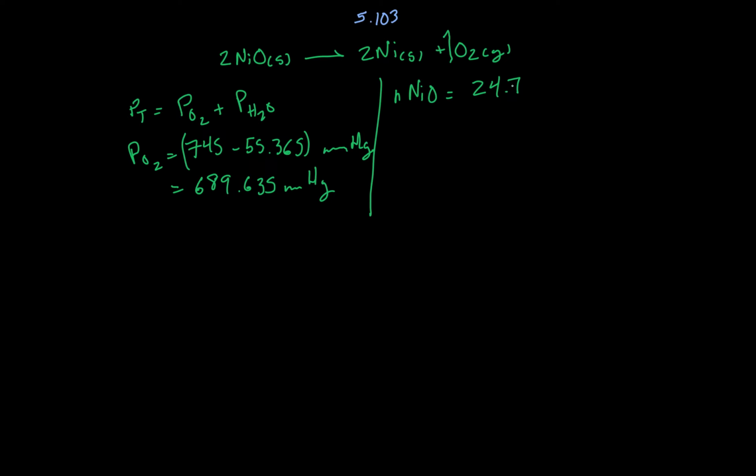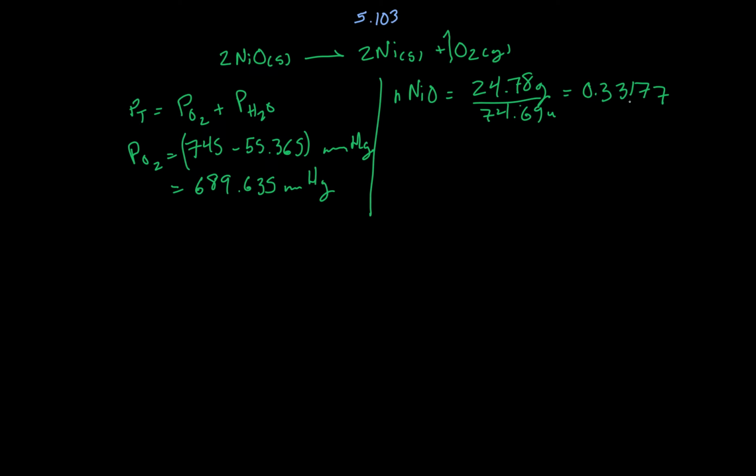Divide that by the formula weight of nickel oxide, which is 74.69 grams per mole, and we'll calculate a total value of 0.33177 moles.